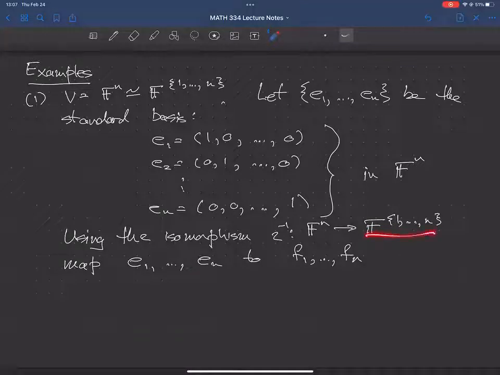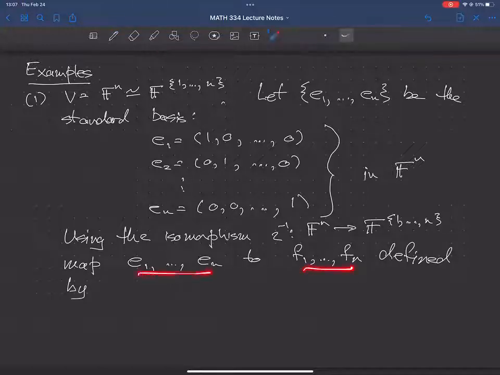And remember that elements of this vector space are functions, right? So the F valued functions on this finite set. And if you think about it for a second, it's pretty clear what these F's are corresponding to these E's.